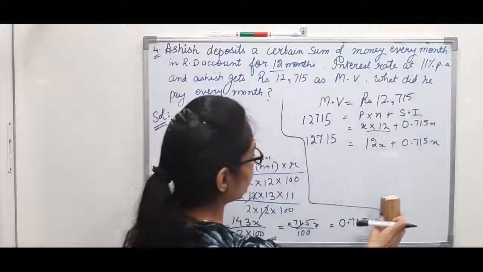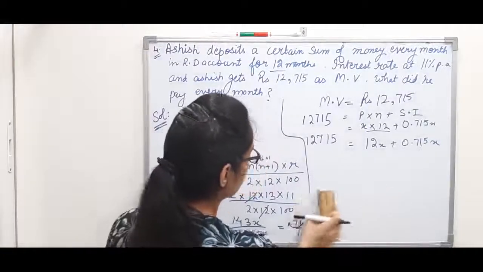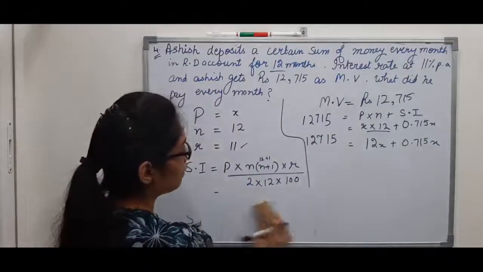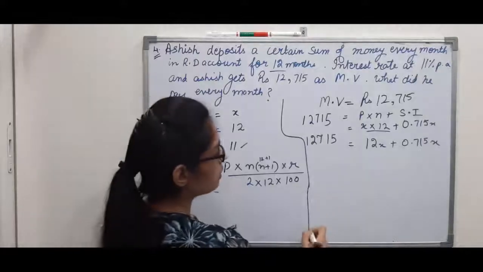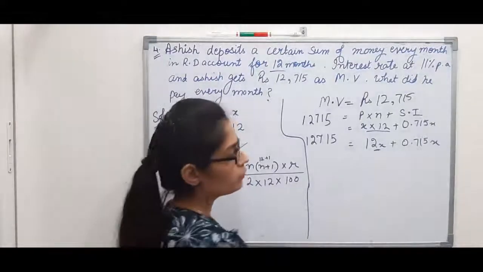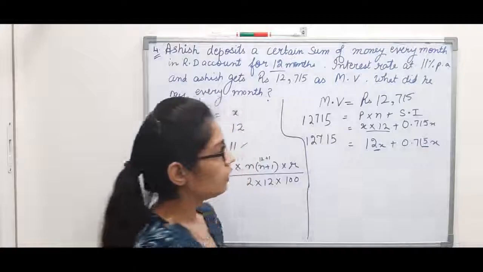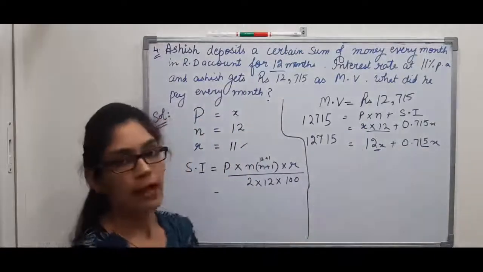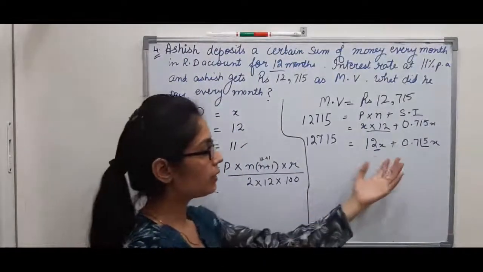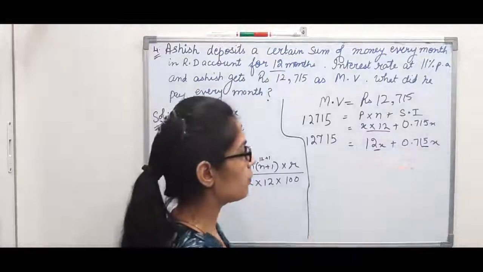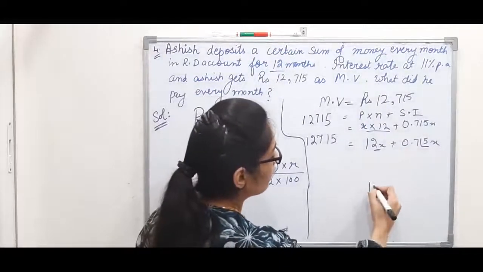Now I will just add these things because like terms can be added and subtracted. Both of these terms have x, so like terms can be added. Since the addition sign is there, both of these numbers can be added. I will add 12.